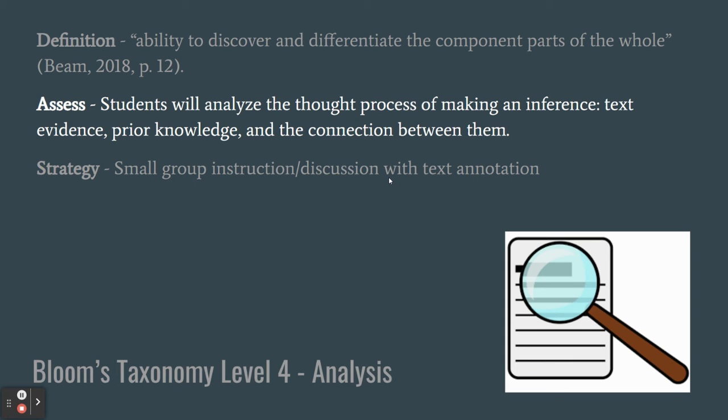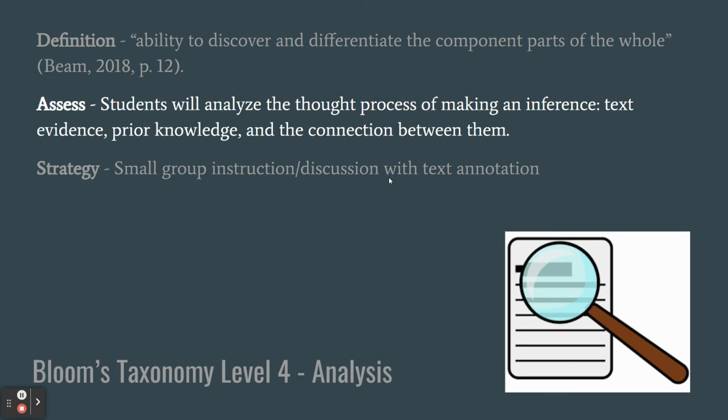So in order to assess the analysis level with making inferences, I would have students analyze the thought process of making an inference. So analyze the text evidence piece: what specific pieces of text evidence are you highlighting or focusing on to then lead to that conclusion or inference that you came up with? The next step, of course, is the prior knowledge piece, the things that we already know.